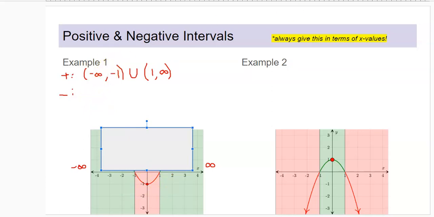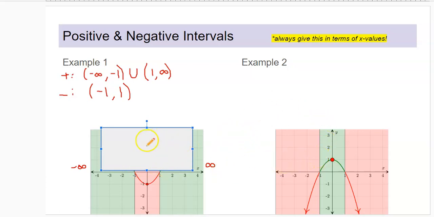And so we write that using interval notation from -1 to +1. Be careful, this is interval notation. This is not an ordered pair. It is not a point on the graph. It is a section of the graph, an interval going from -1 to +1.